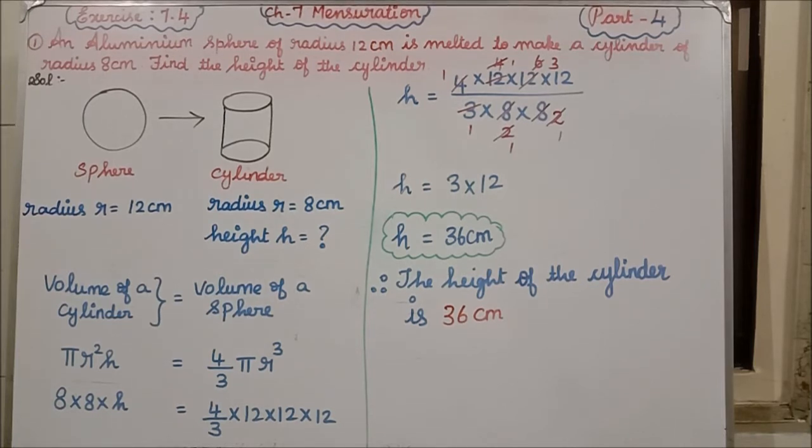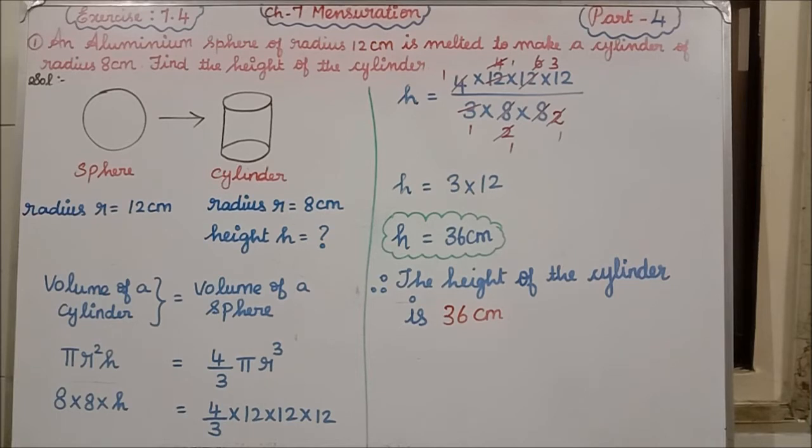Before going to this exercise, we will recall from the first what we have learned. In exercise 7.1, we have learnt about surface area. In that exercise, we have learnt only about one shape in one question.